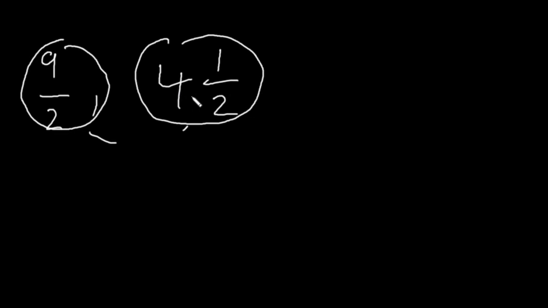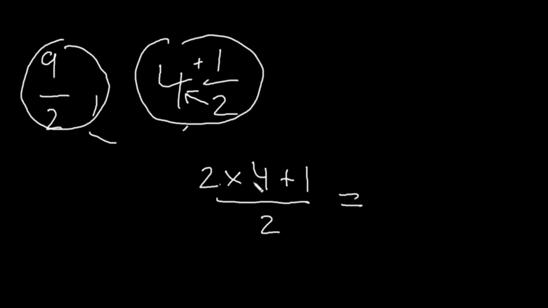So the rule was that I multiply my denominator by the whole number, add the numerator, and put that all over the denominator. So I'd say 2 times 4 plus 1, divided by 2. So that's 2 times 4, which is 8, plus the 1, which is 9, and we have 9 over 2.